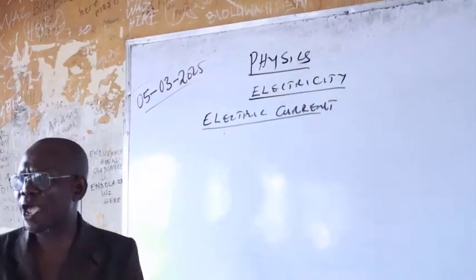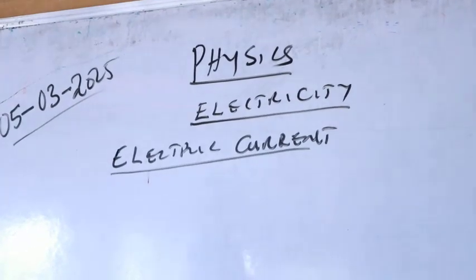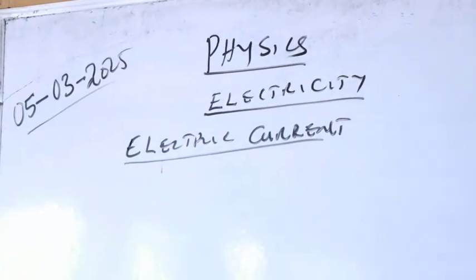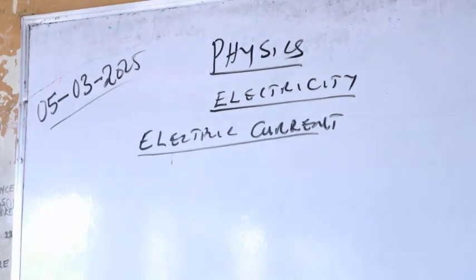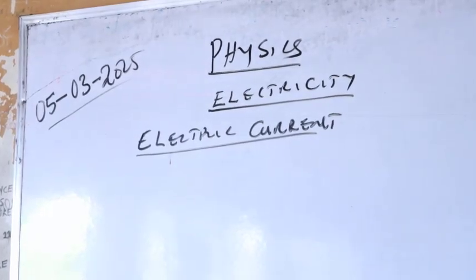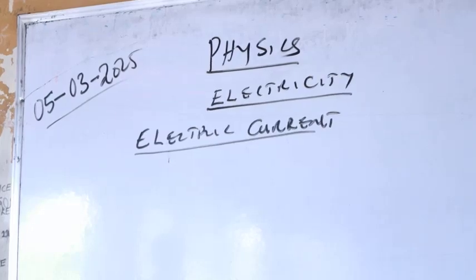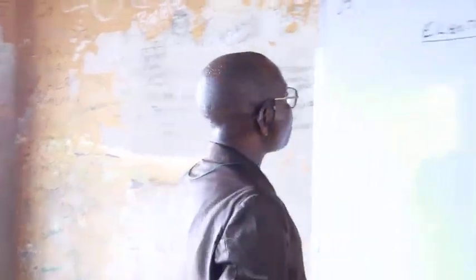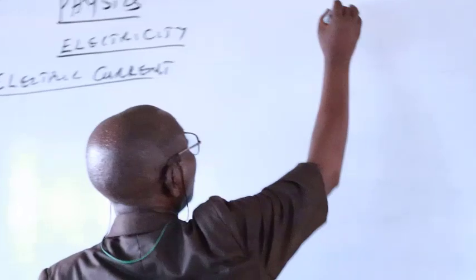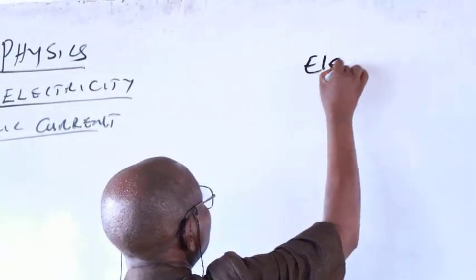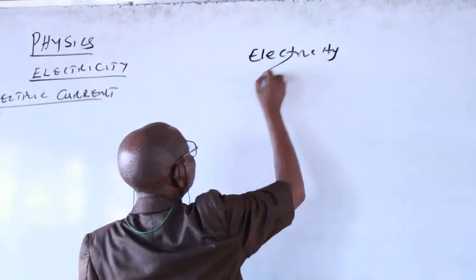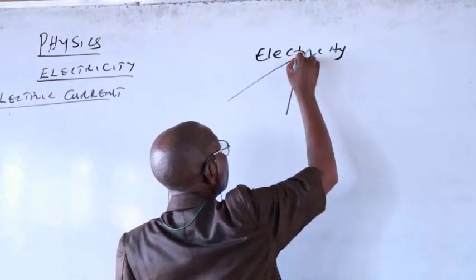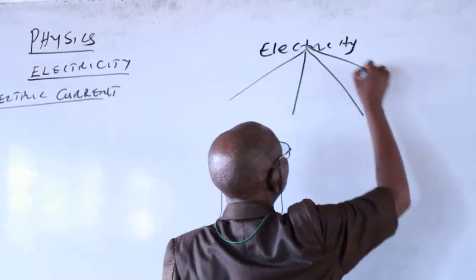But before we talk about electric current, which is the first thing you must know, the electricity we are talking about is divided into four branches.